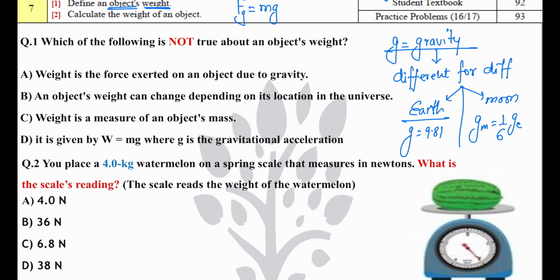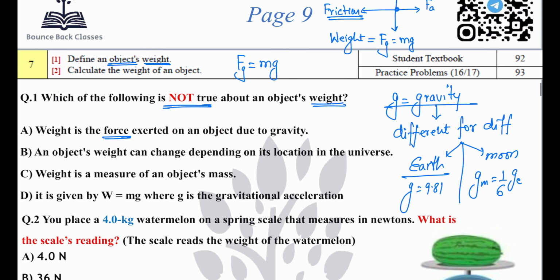Which of the following is not true about an object's weight? Weight is always a force. I told you here, weight is Fg, the downward force exerted on an object due to gravity. It's correct. An object's weight can change depending upon location.